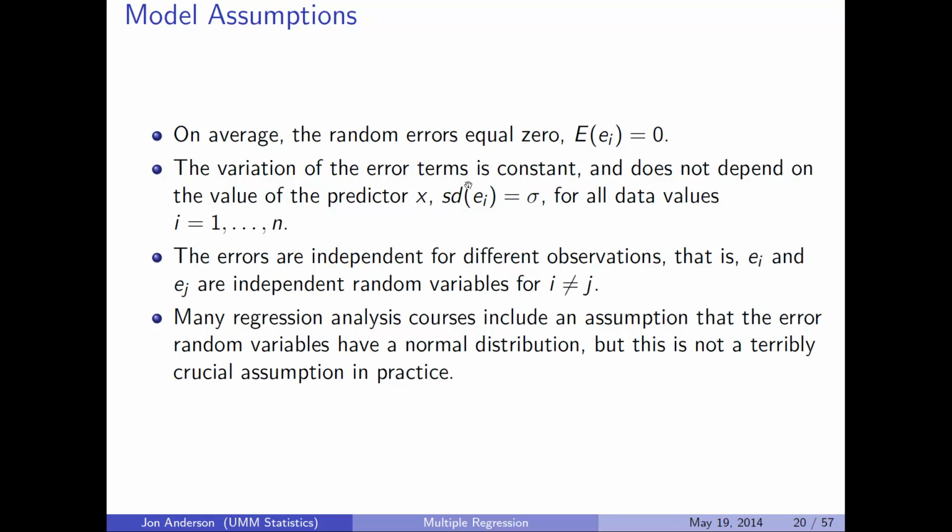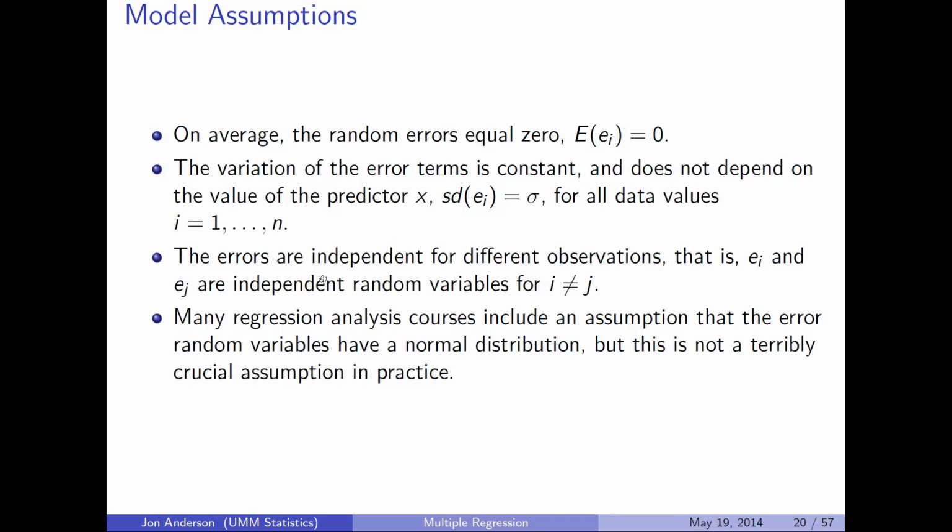The variance function for these errors is that they're constant. The standard deviation is sigma. The variance for these errors is sigma squared. It doesn't matter what predictor values x are involved or which data observation we're talking about. The variation is constant for all observations.